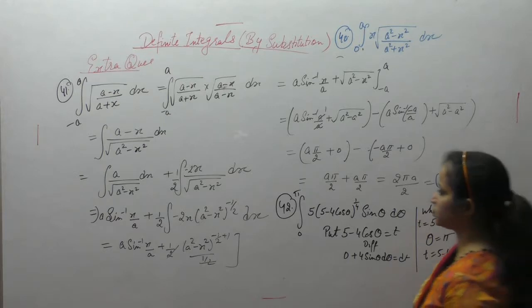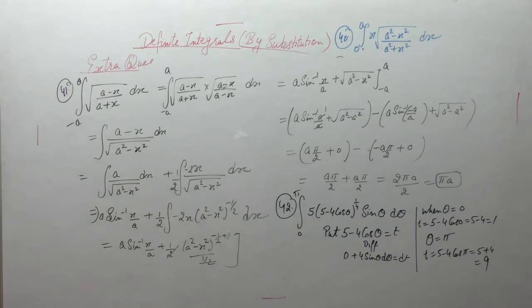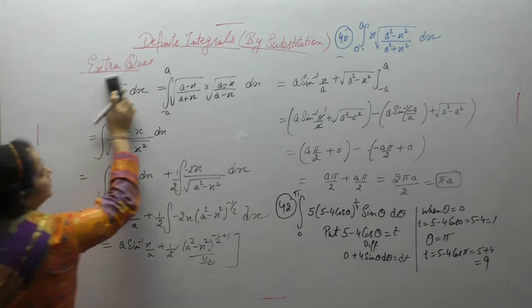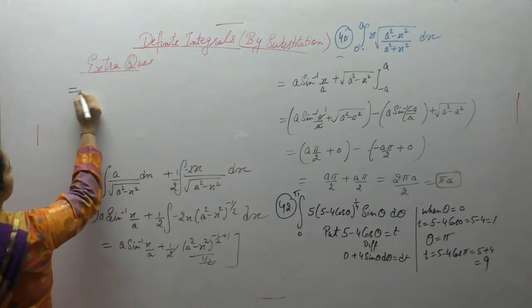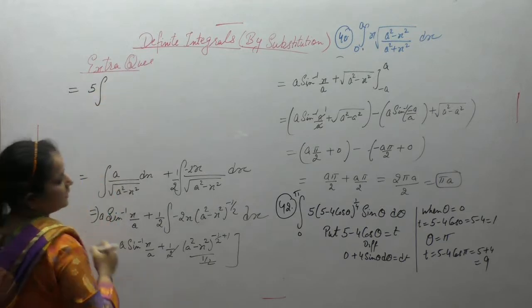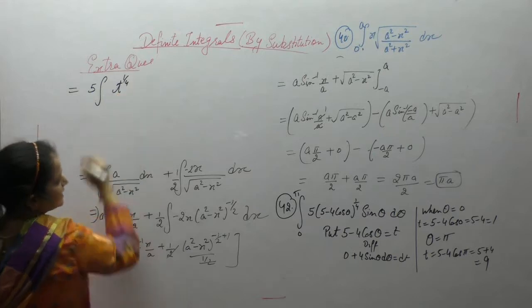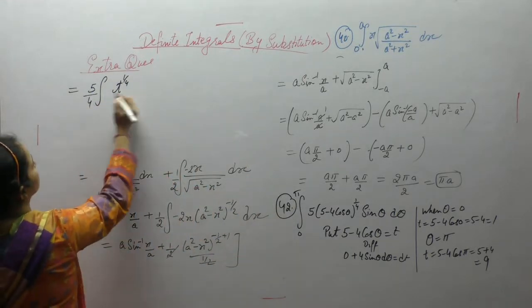So limit changes to 1 to 9. Minus 4 cos theta is t, sin theta d theta is dt upon 4.